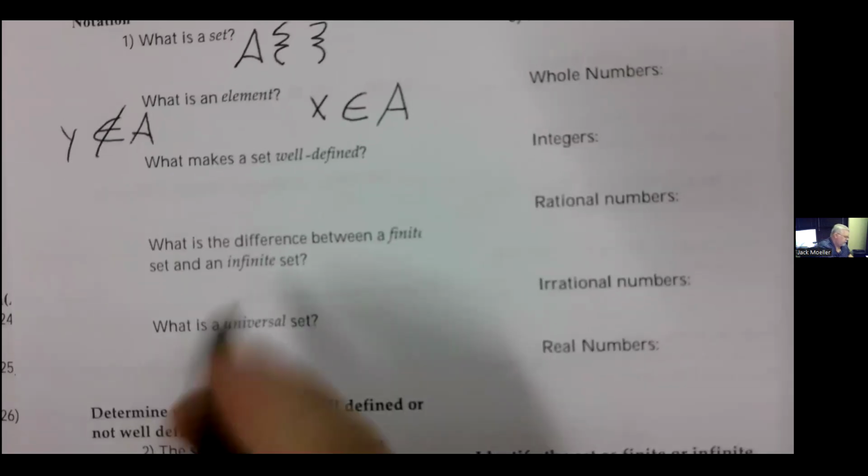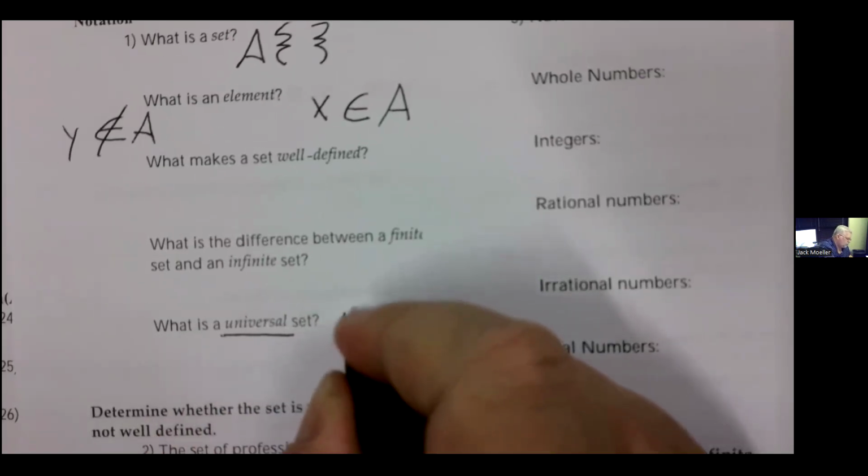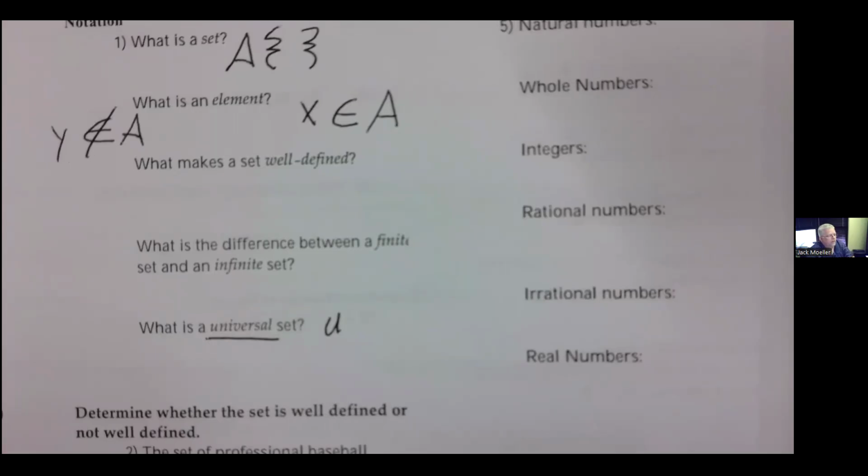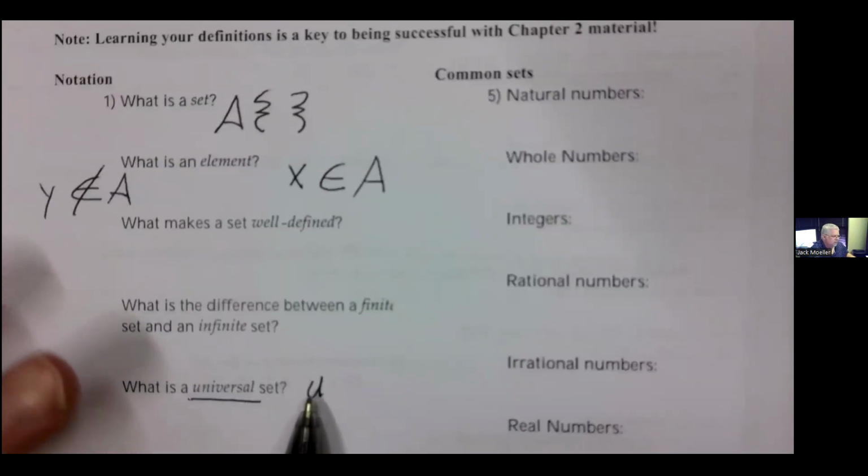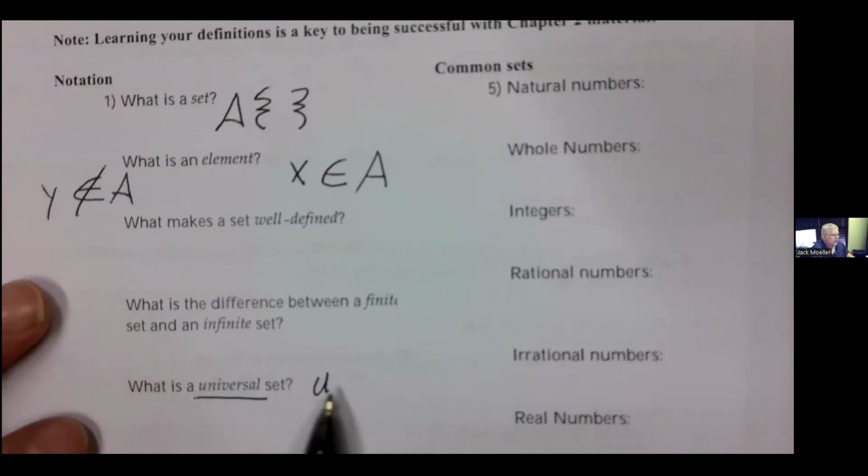The universal set, which is going to be a capital U. The universal set is the overall set that all elements could potentially belong to. It's like the universe or an umbrella.